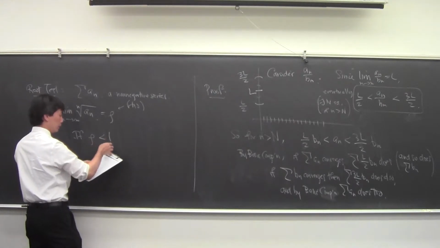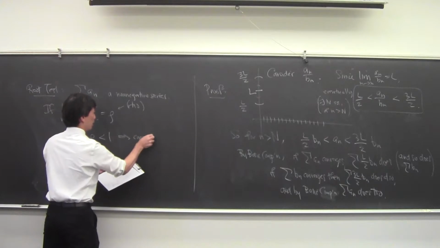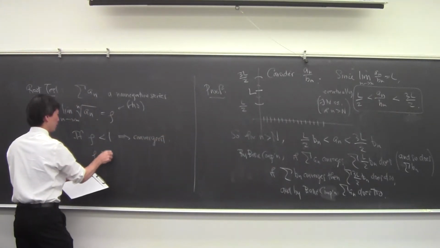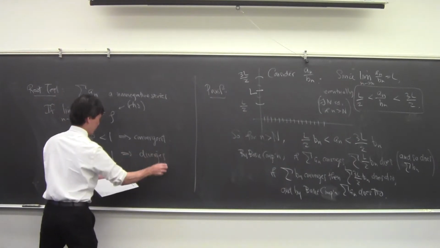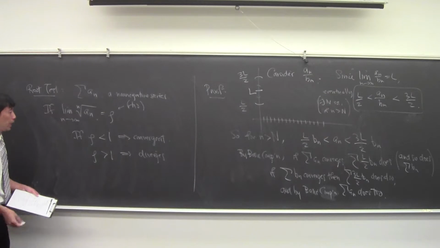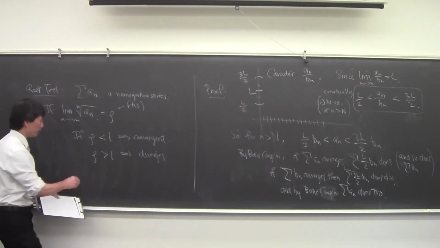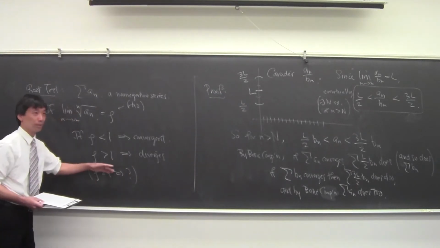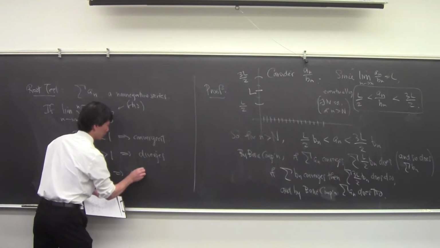But if that number turns out to be less than 1, then the series converges. If the number is greater than 1, then the series diverges. And if it equals 1, then you don't know anything. So no relation.